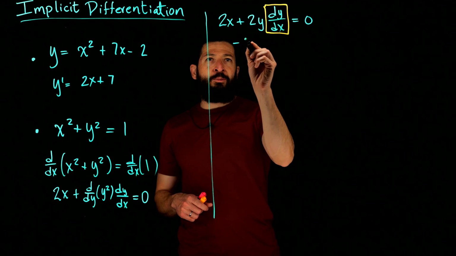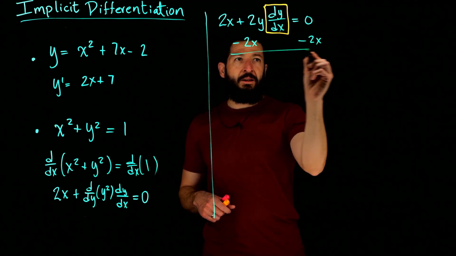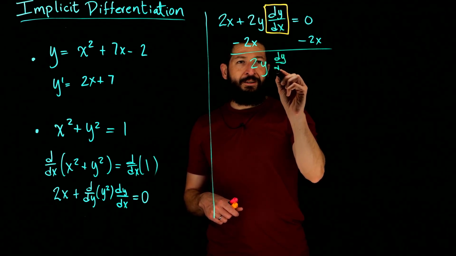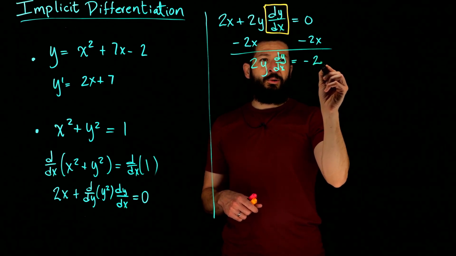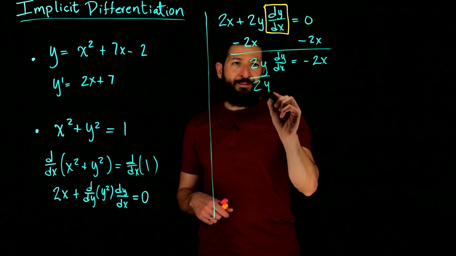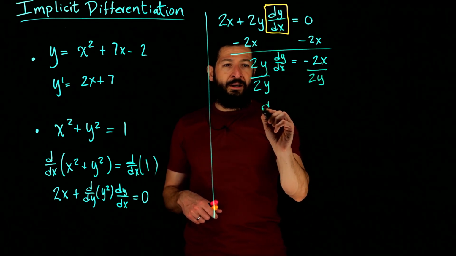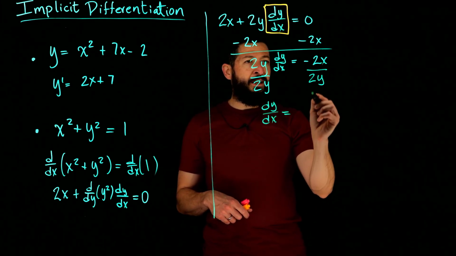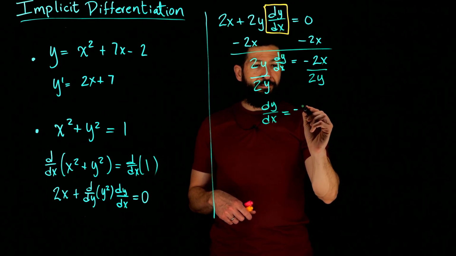So I'm going to start by subtracting 2x on both sides. I get 2y dy by dx, if you like y prime, that's y prime, equals negative 2x. Divide both sides by 2y, and you get that dy by dx is going to be equal to, the 2's cancel, and you get negative x over y.